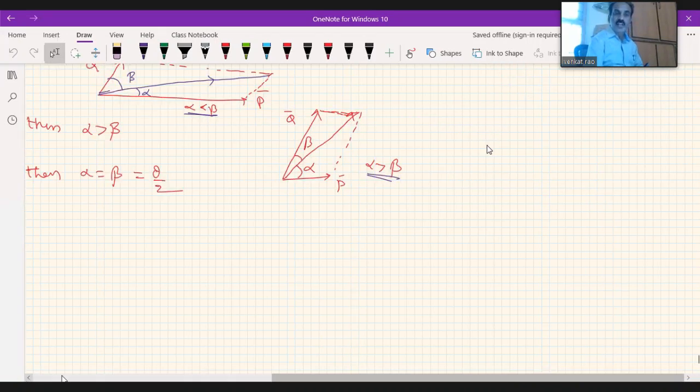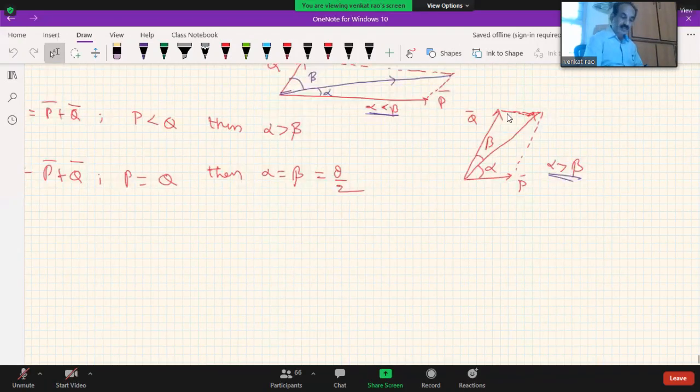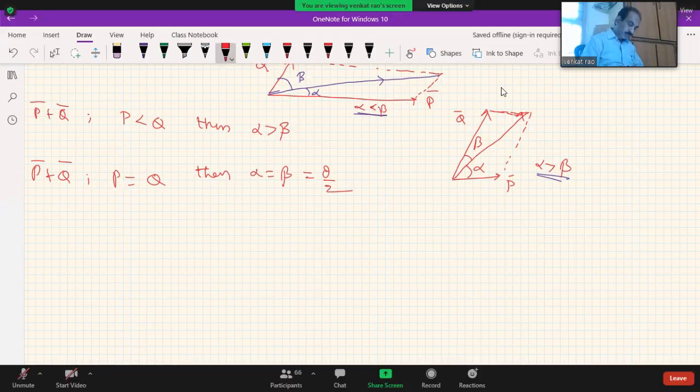So yesterday we have discussed the special cases related to parallelogram law.